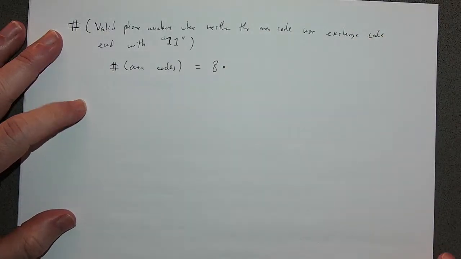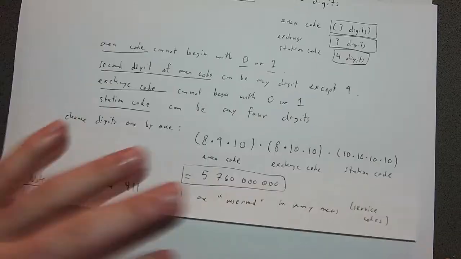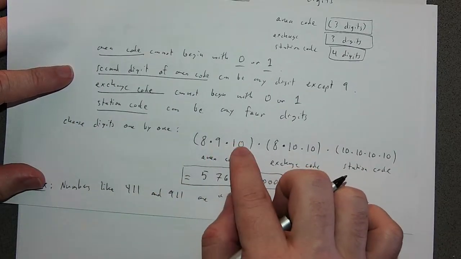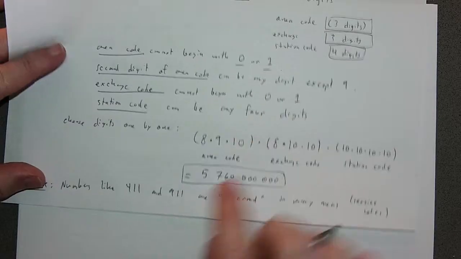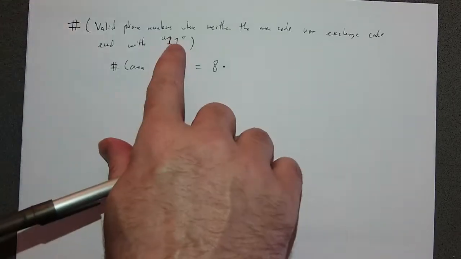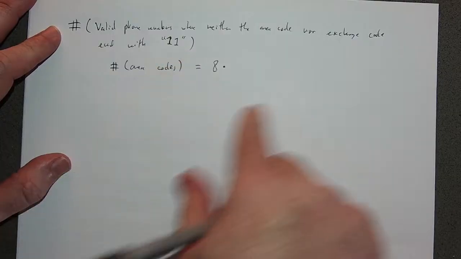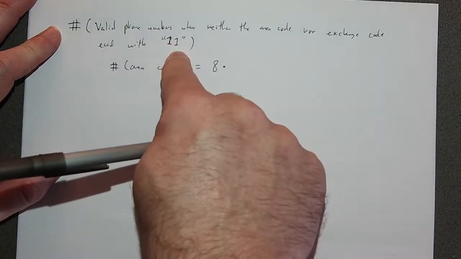Then I'm multiplying that by the same count on the second and third digits, but I'm taking away one possibility: that the second digit is 1 and the third digit is 1.